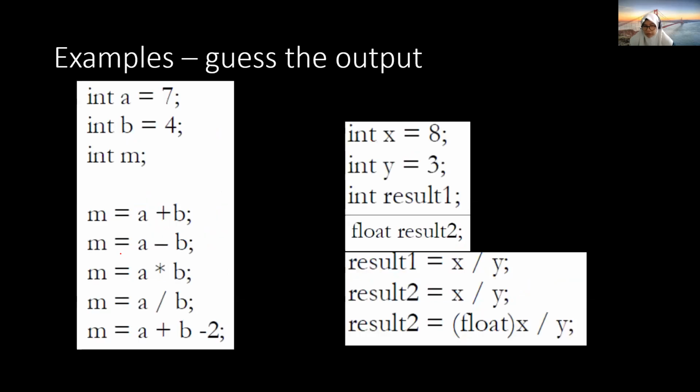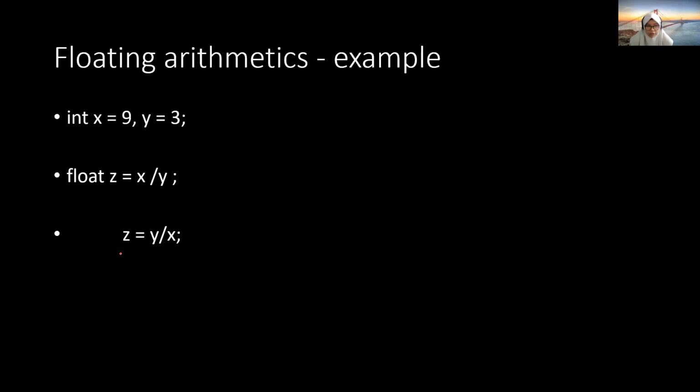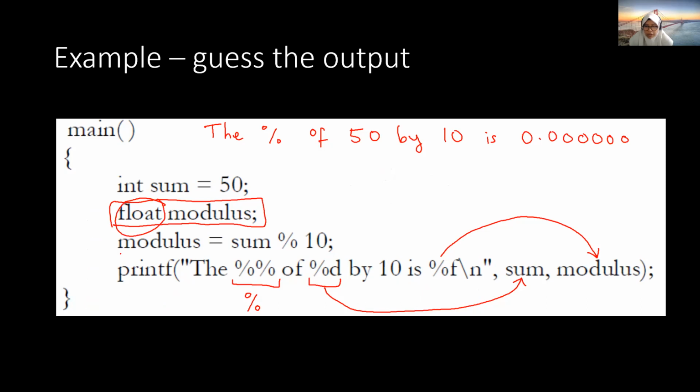Okay, now if I want to have only two decimals of this, for the float and also for the double data type, what you can do is change this into %0.2f.